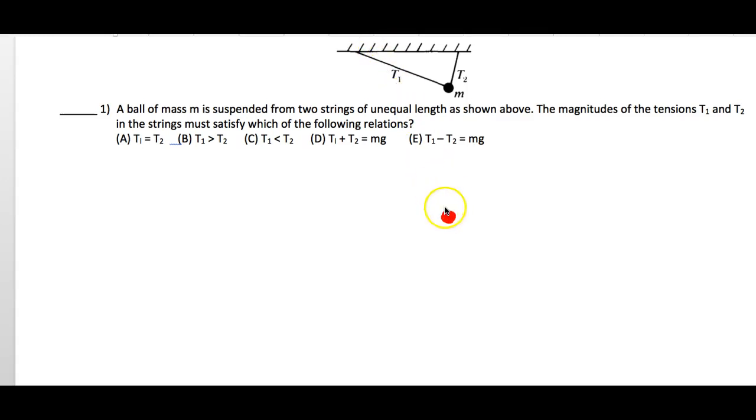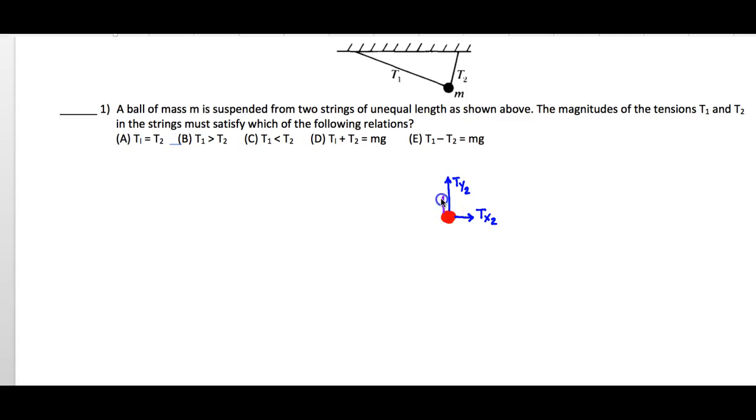One of the tensions has a y component going up, and I'm going to call that one Ty2, to stay with the same naming convention. And the x component of T2, which we'll call Tx2, is going to the right. If I take another look at T1, the y component is going to be smaller.